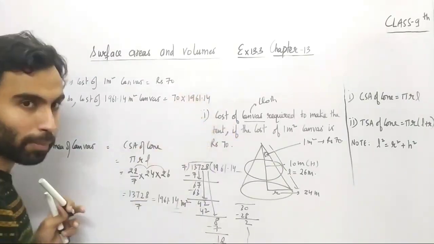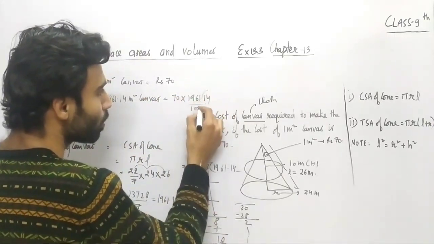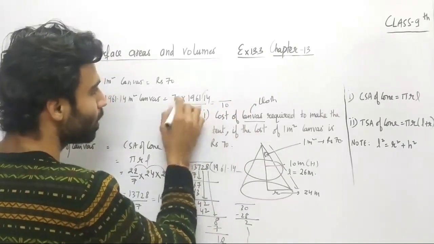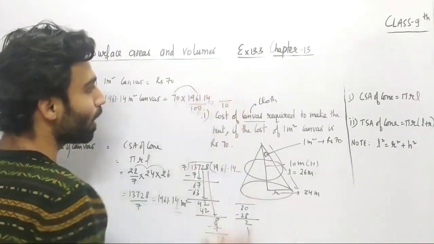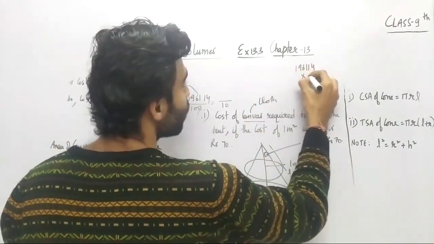So simply आपको ये multiply करना है. So let me just now remove the decimal. That will give you 2 zeros. So 1 0 से 1 0 cancel out. So 1 0 बच जाएगी denominator में. And 7 into 196114. So 196114 into 7.